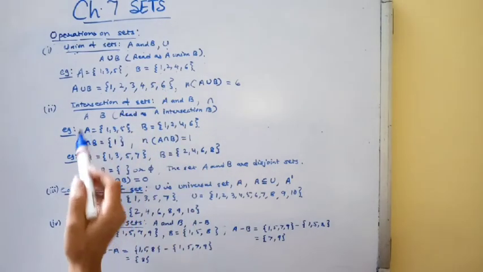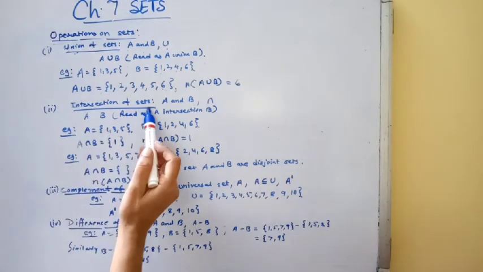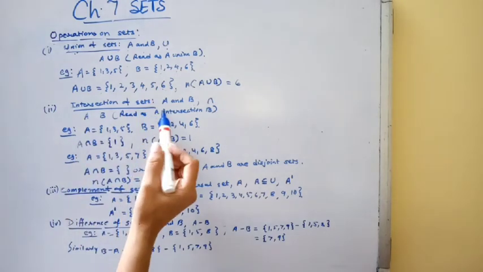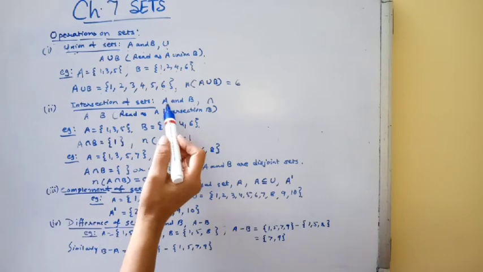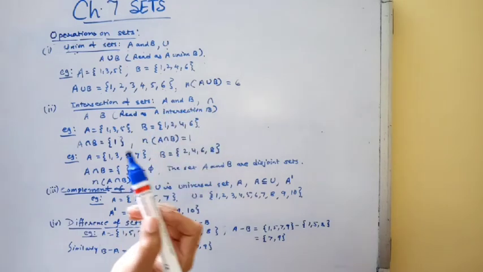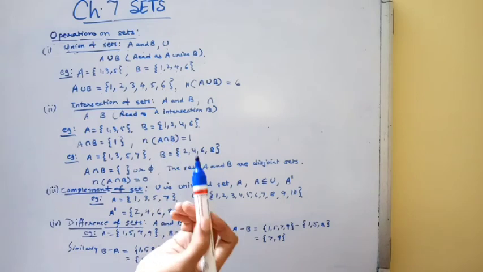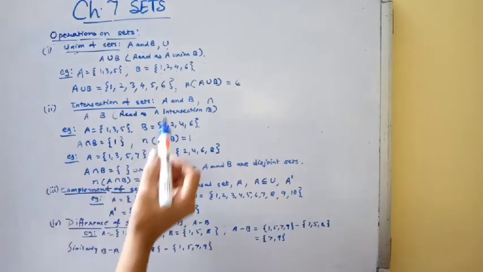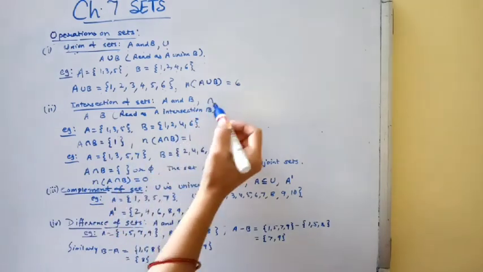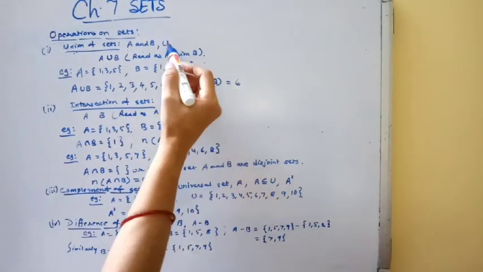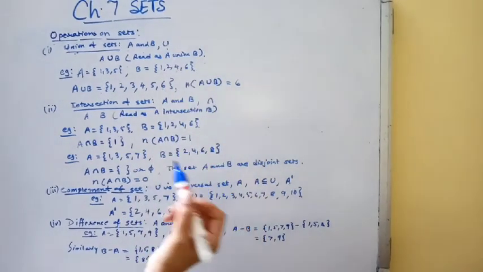Now next is intersection of sets. In intersection of two sets A and B, we take common elements of the two sets. So take A and B as two sets. Its symbol is just the reverse of the symbol of union.